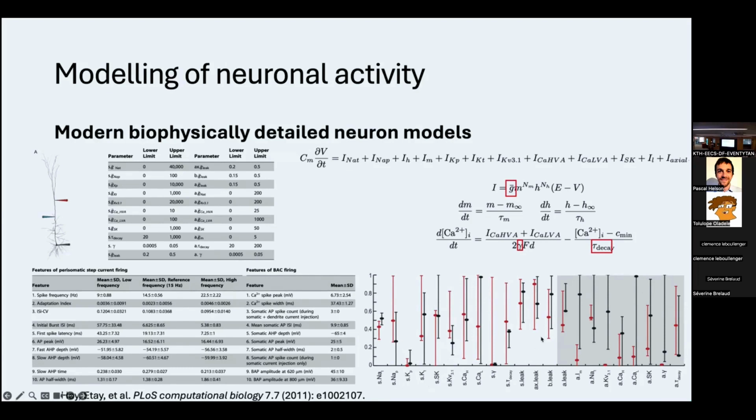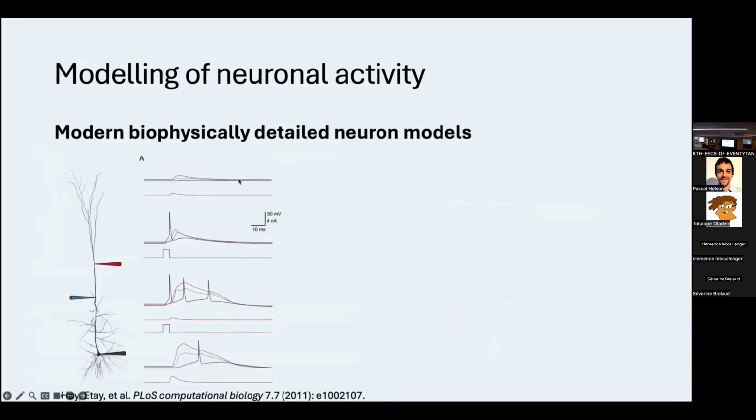I won't go much into detail in this, but as most of you probably know, the beauty is that you can stimulate this neuron wherever and record it wherever you want and study the neuron response in different scenarios.